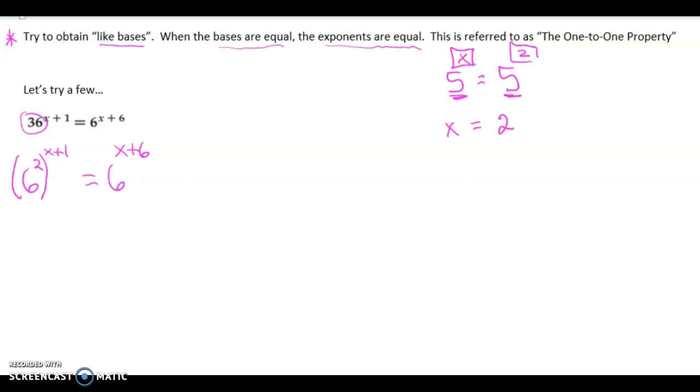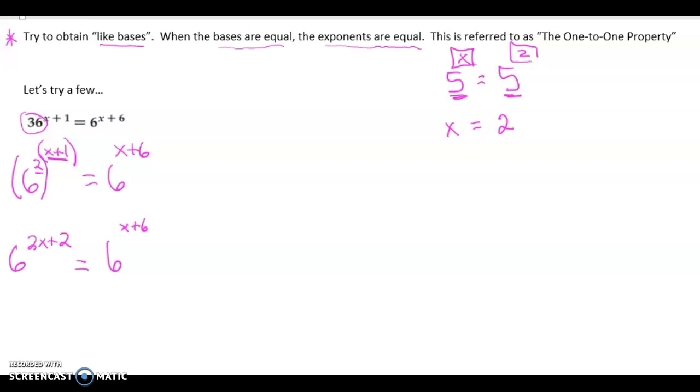I know from yesterday that when I have a power to a power, I multiply my powers. That's the only time you multiply powers. So I'm going to have 6 to the, make sure you distribute, that will be 2x plus 2.